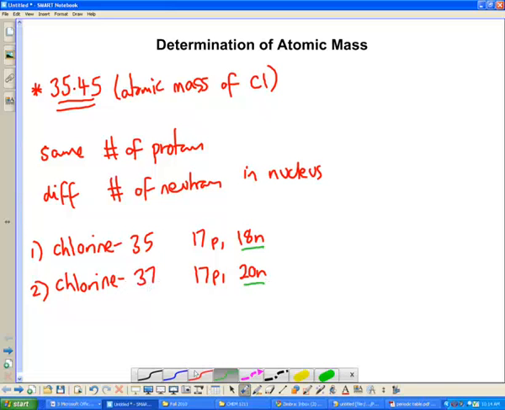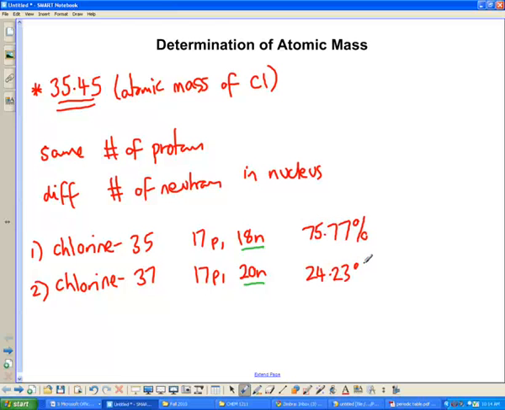There's one other fact about these isotopes that we have to know as well, and that is that they don't necessarily exist in equal amounts. It turns out that chlorine-35 exists in a much larger amount, about 75.8% abundance. And the rest, a smaller amount, is 24.23% of chlorine-37.